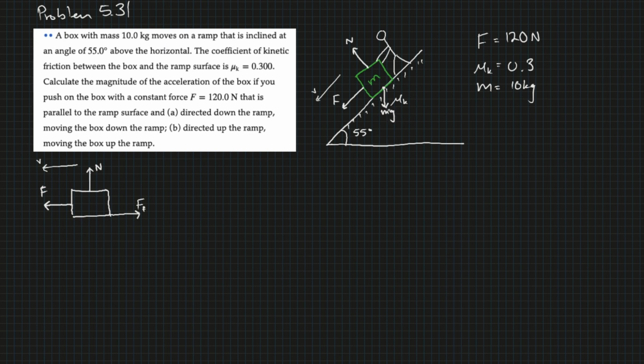But in this rotated picture, because I took the box and rotated everything, now instead of going straight down, it's going off to the side at an angle. You can check this with some geometry if you want, but this angle is that same 55 degrees that the ramp is inclined at.